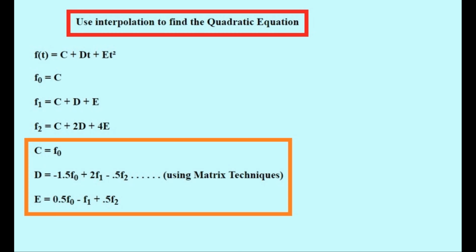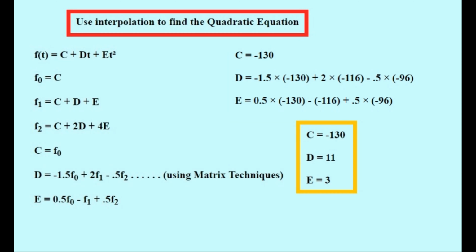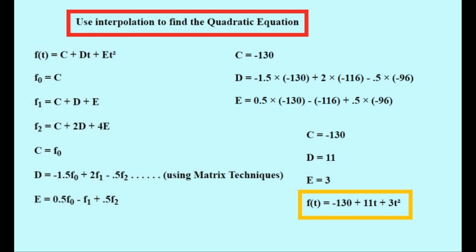In any polynomial, c is always equal to f0. And after substituting these values of f into these equations, we get these expressions. And so these are the coefficients of the polynomial we're looking for. And so this is the reconstructed quadratic function ft.